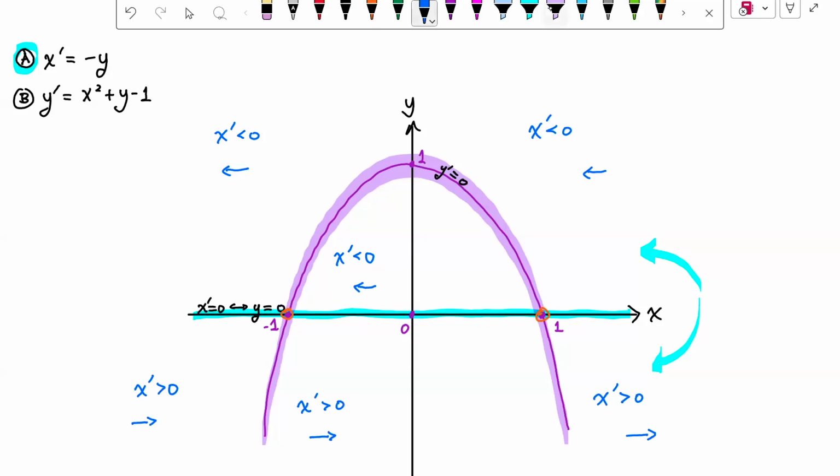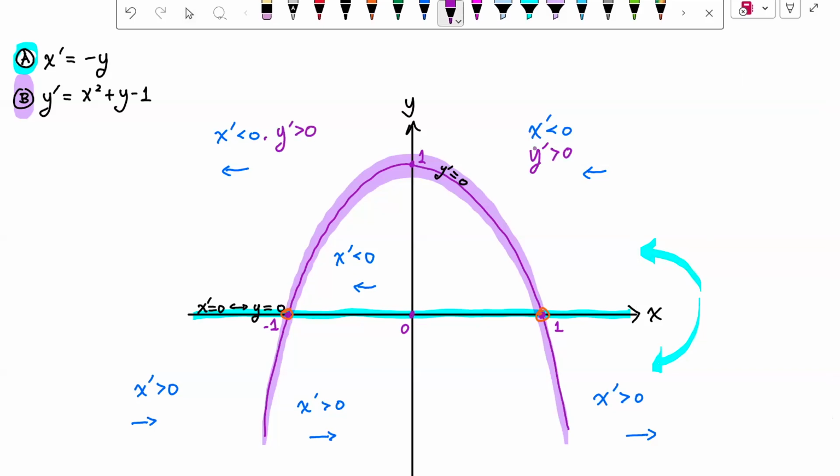Now, what about the y nullcline? On this curve, the derivative y prime is identically 0. So what happens as we increase y and move above the curve? That is going to make our derivative positive. So above the curve, y prime is going to be positive.